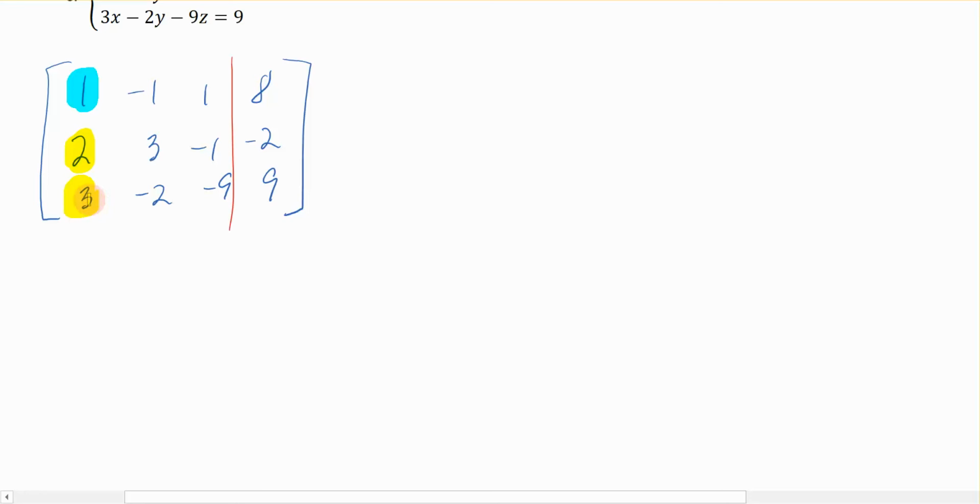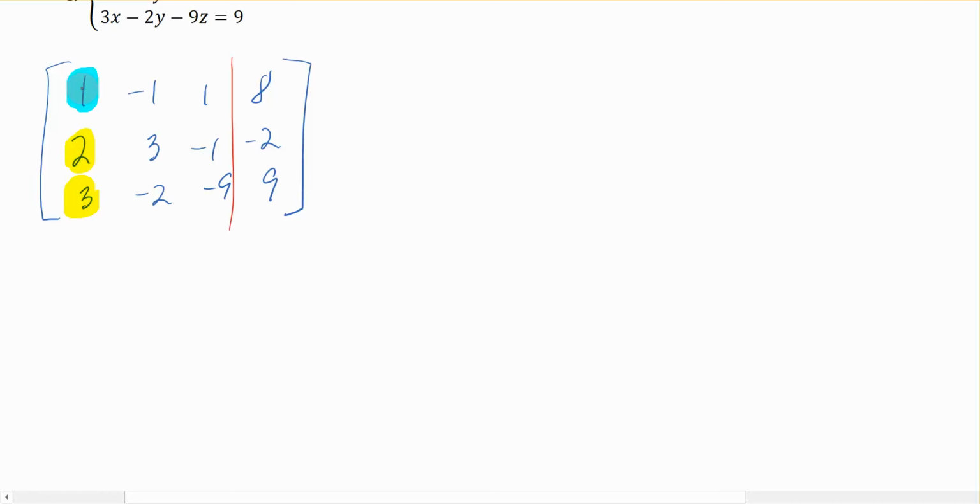In order to get zeros, that's when we usually do the multiply and add operation. Now remember, when we multiply and add, we are doing it to the row we want to change. I want to change row number 2, and I want this position to be a 0, so I'm adding to that position.